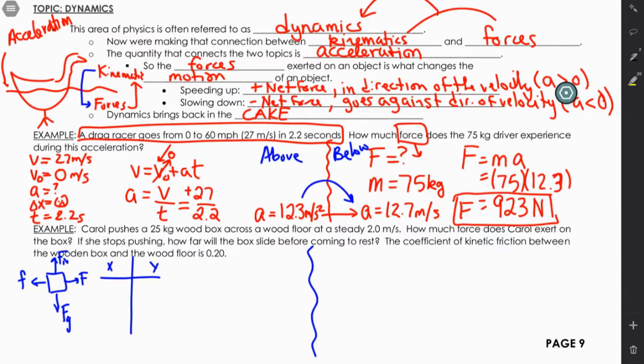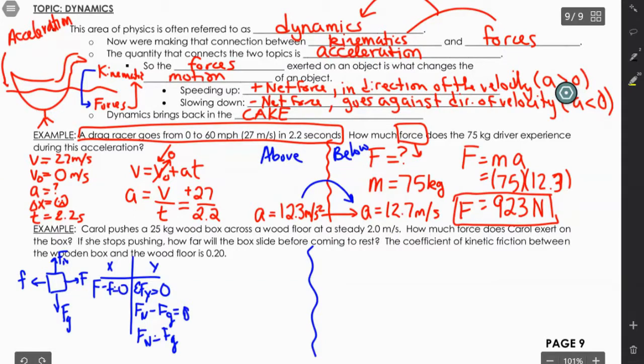So this is going to tell us that the sum of the forces in the y direction is 0, Fn minus Fg equals 0. So Fn equals Fg. We don't necessarily have to worry about the force because it says a steady 2 meters per second, and so that's just going to tell us that whatever she's pushing with is going to be equal to the kinetic friction.